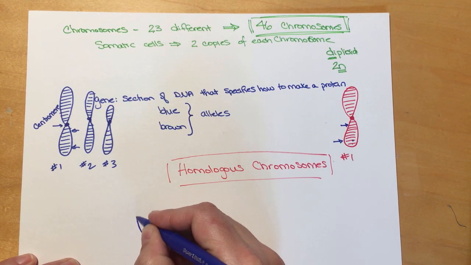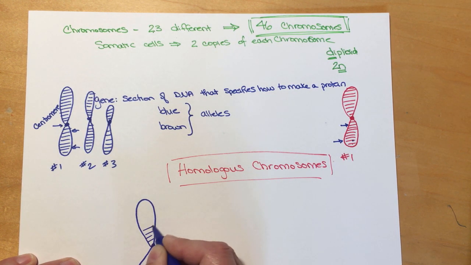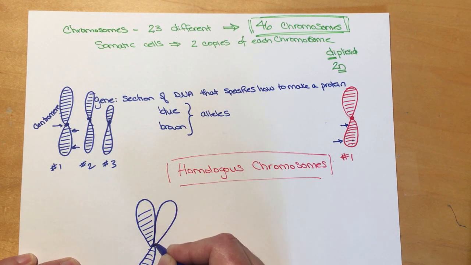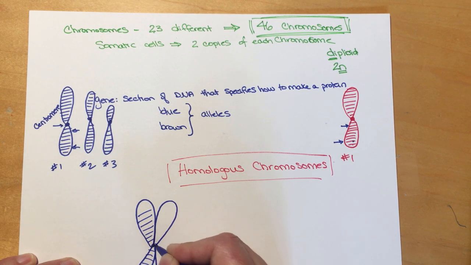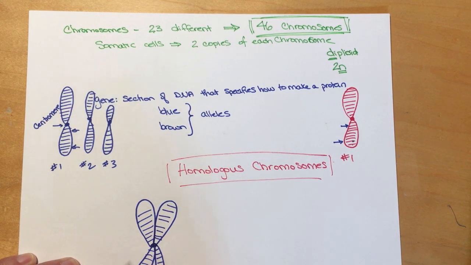So basically, when we duplicate our chromosome, we start out with our initial chromosome, number 1, with all of our genes on it, and our centromere in the middle. And we're going to make a duplicate copy, but we're going to make the copy stick to the first one. And they're stuck together still at the centromere.